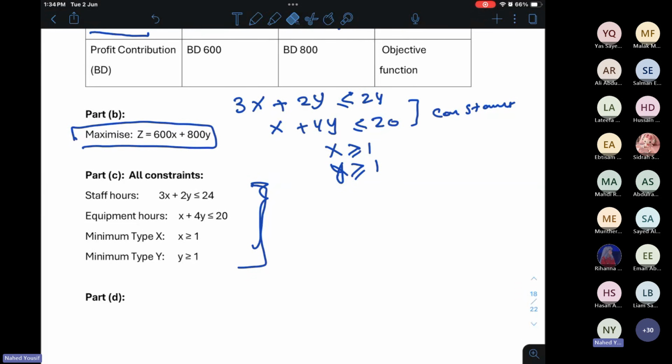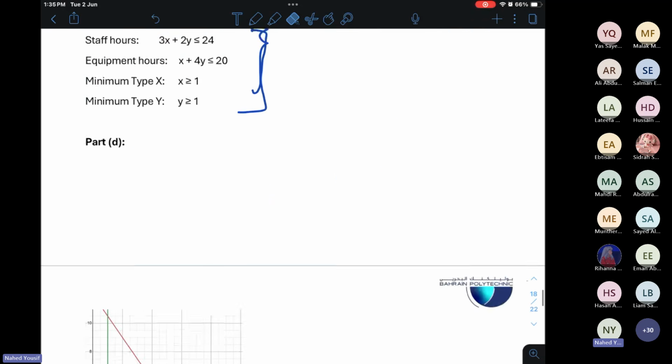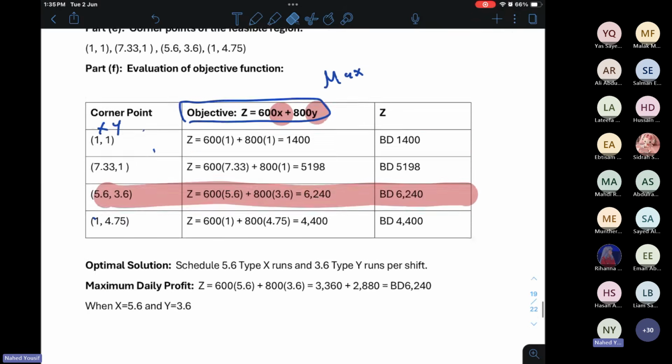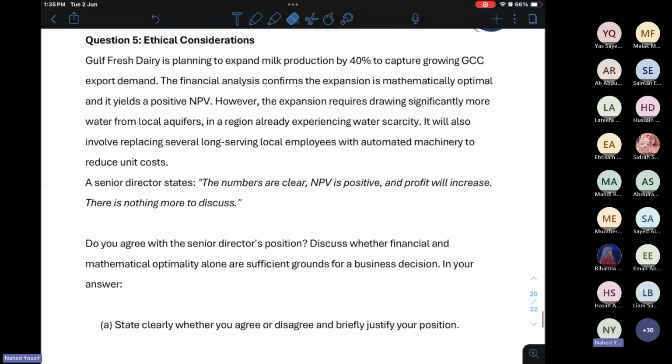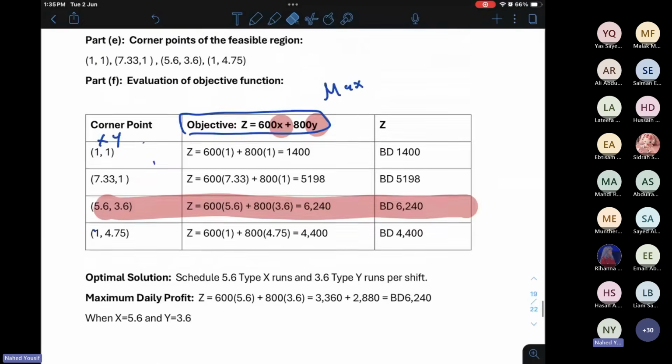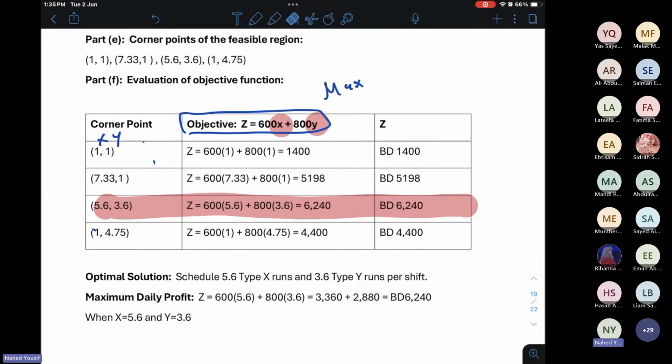You have to practice so you can do it in your exam. If it's okay, just give me a thumbs up. So let's go to the last question, which is the ethical part, unless you want me to explain something here. Is it okay? Give me a thumbs up.